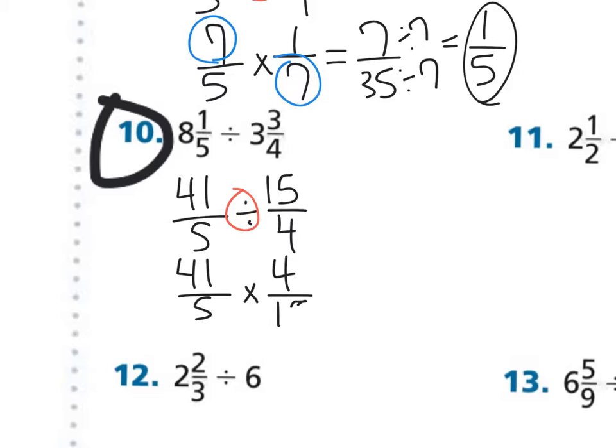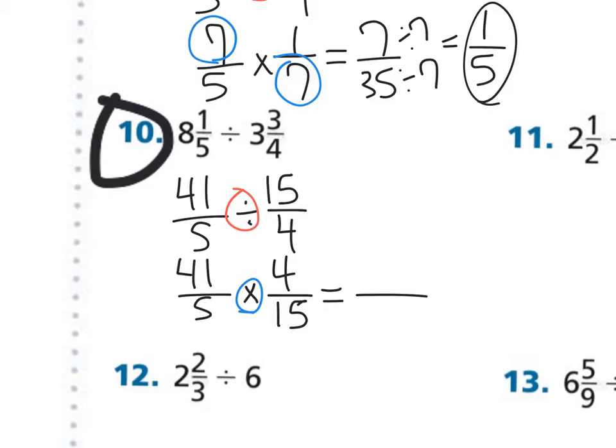Keep change reciprocal. Again, don't try to do any reducing until you get it to a multiplication problem, if you ever do that. Okay, it's called reducing factors. Factors are things that are multiplied together. So this problem, there's actually nothing that we can reduce. There's going to be big numbers, and we're just going to have to deal with it.